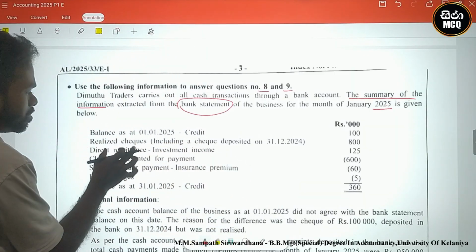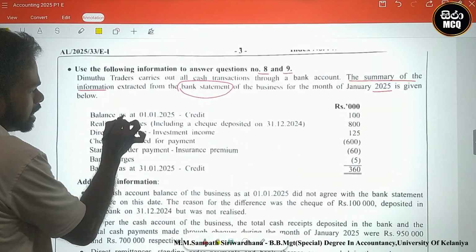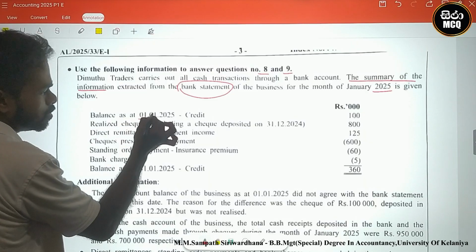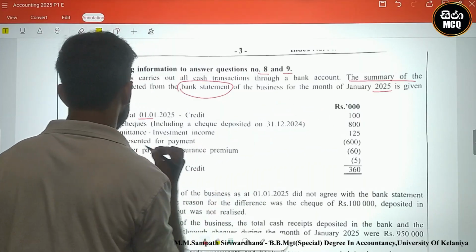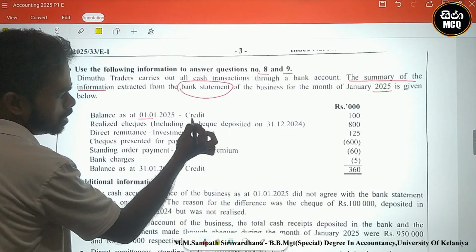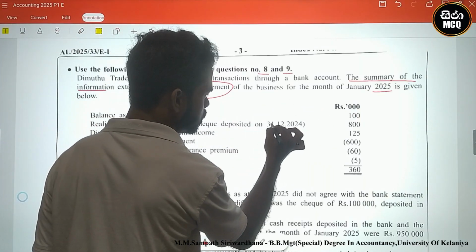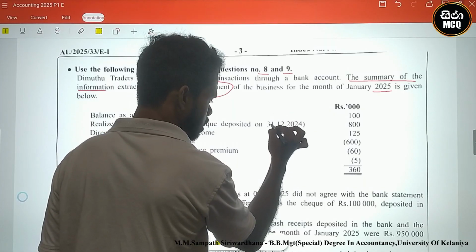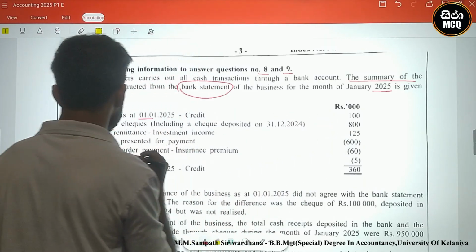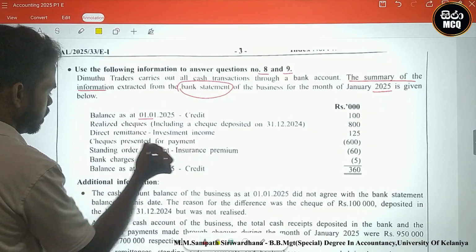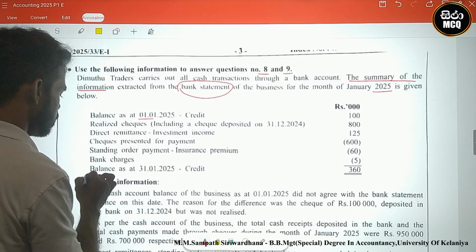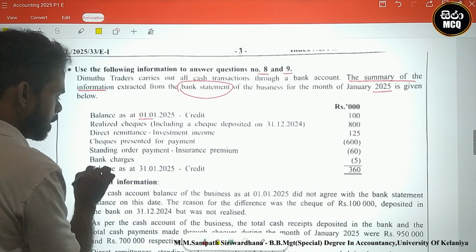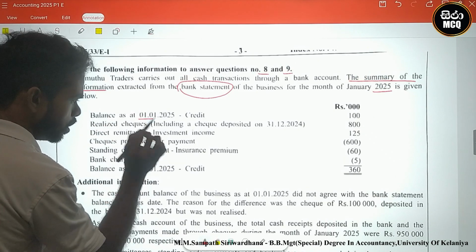Okay, look here: balance as at 1st January 2025, credit balance. Realized cheques including cheques deposited on 31st December 2024. Direct remittance, investment income, cheques presented for payment, standing order payment, insurance premium, bank charges. Balance as at 31st January 2025, credit.